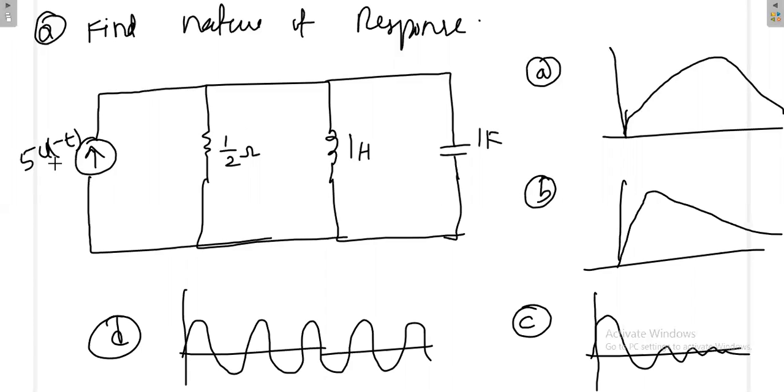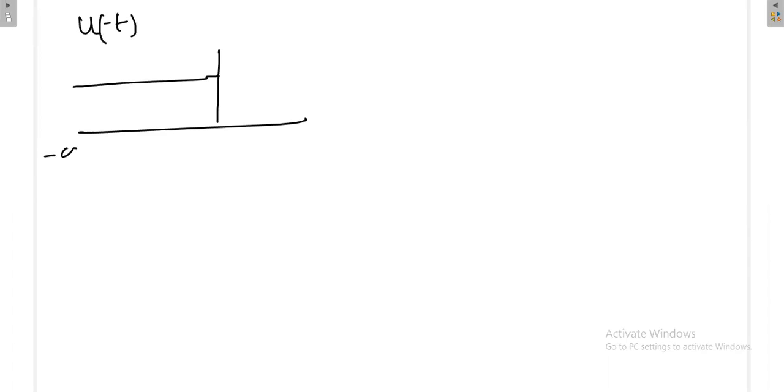Again, you come to the circuit. See, this is 5u of minus t. That means this source is active from minus infinity up to time 0. After t equals 0, this value is 0. You know the function u of minus t: it has some value when the time is negative, but once we come to positive time, the value is 0.